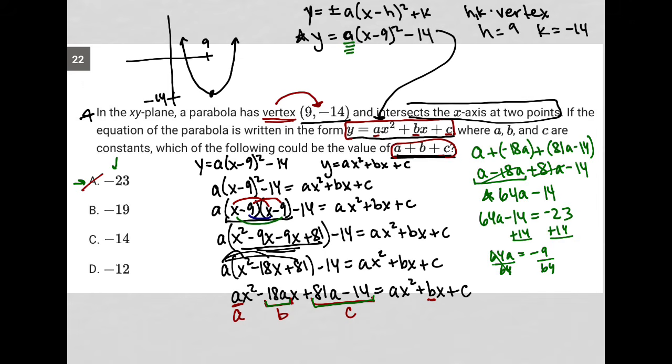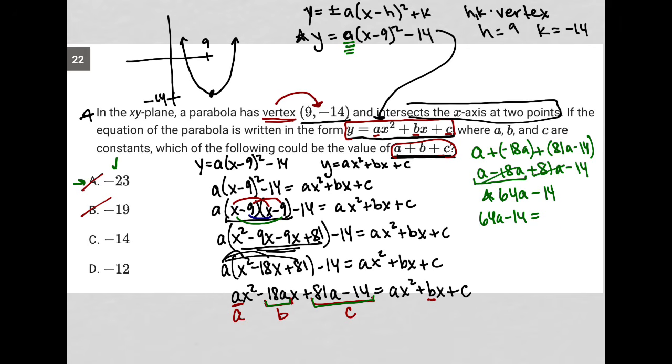So that's how I'm going to treat this. And then let's erase this. Let's try choice B. So choice B is negative 19. So add 14, add 14. And you can kind of see immediately, right? 64a equals negative 5. That's also going to be a negative number for a, which I don't want. So that's gone.